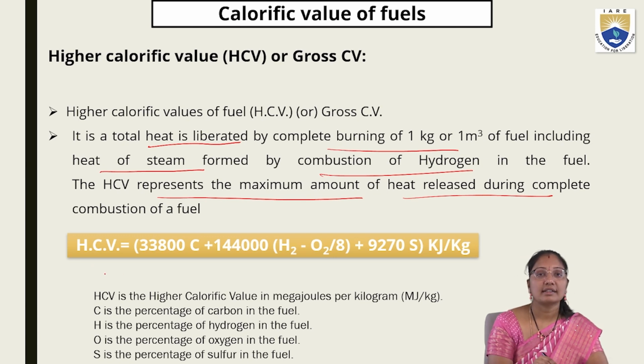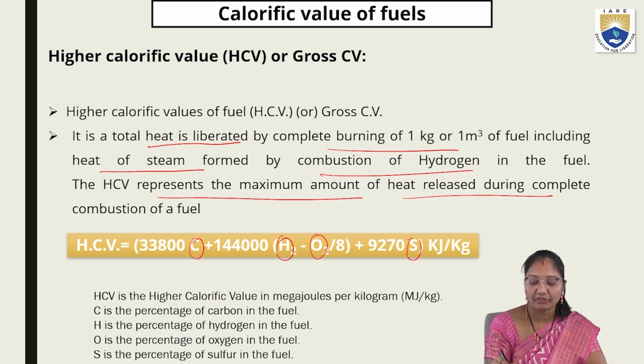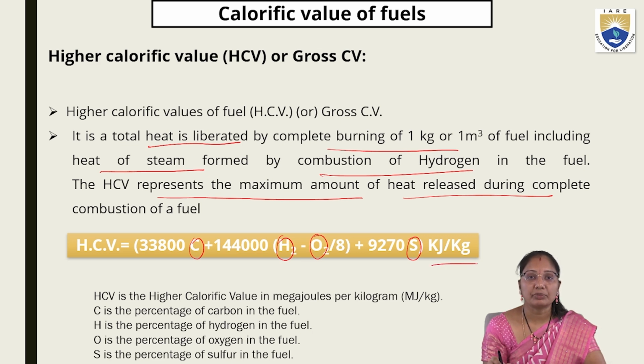So HCV is calculated by the formula using carbon, hydrogen, oxygen and sulfur, which is expressed in terms of kilojoule per kg.